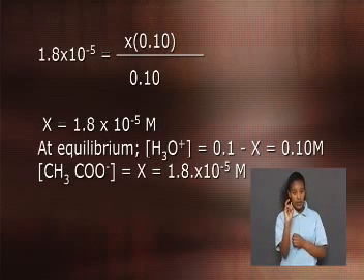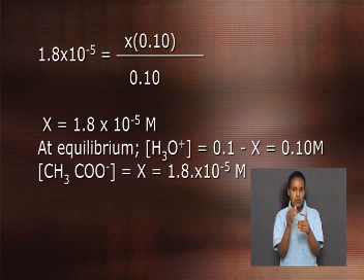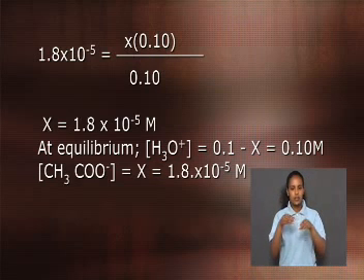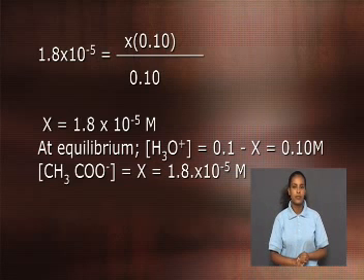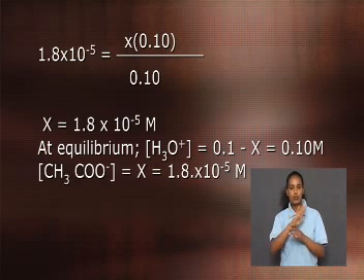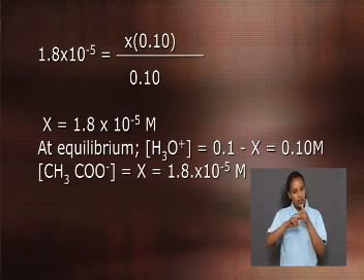If x is very small, then we can approximate 0.10 minus x and 0.10 plus x to 0.10. This gives us the following answer. If you are having trouble with this, please ask your teacher for assistance at the end of the lesson.